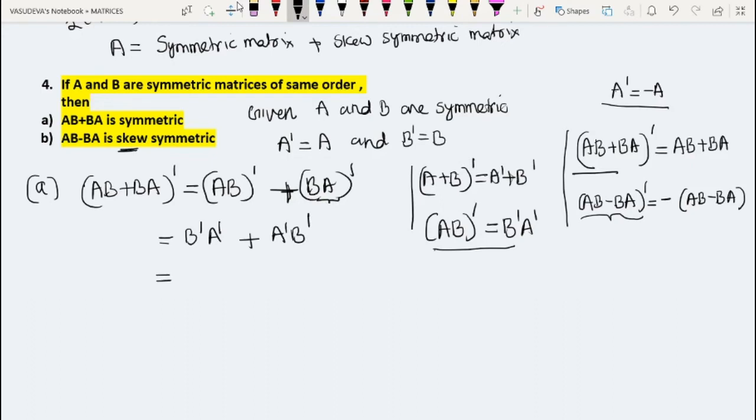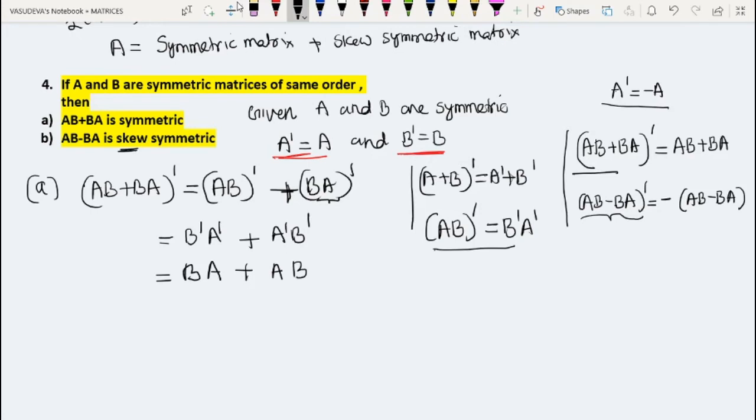Since A and B are symmetric, B dash is equal to B and A dash is equal to A.